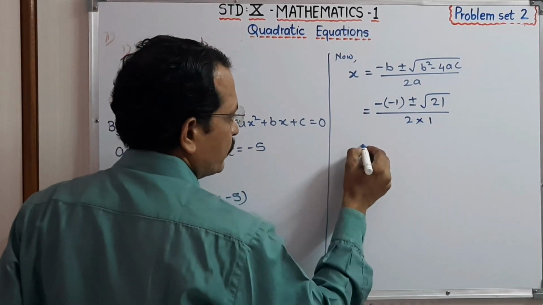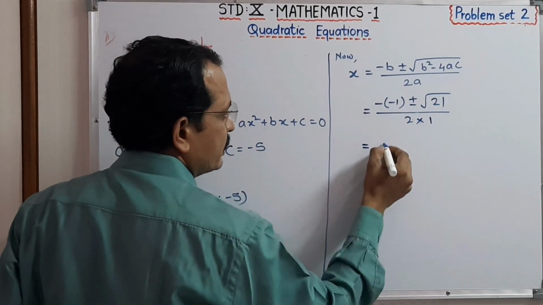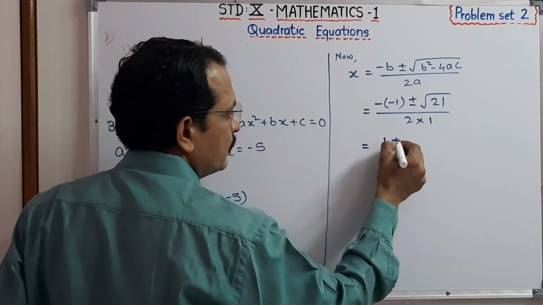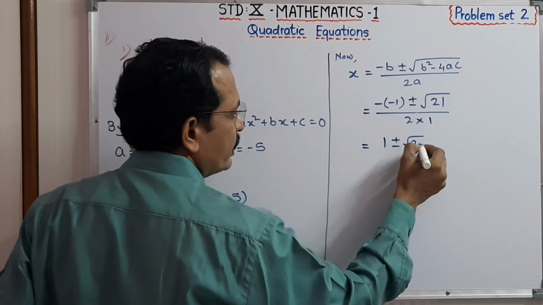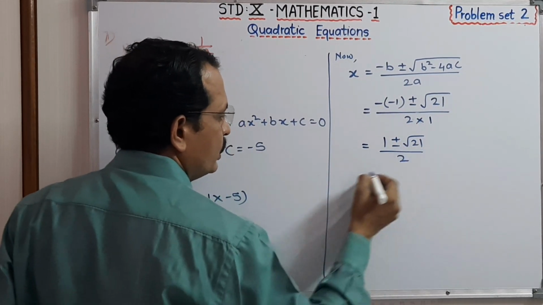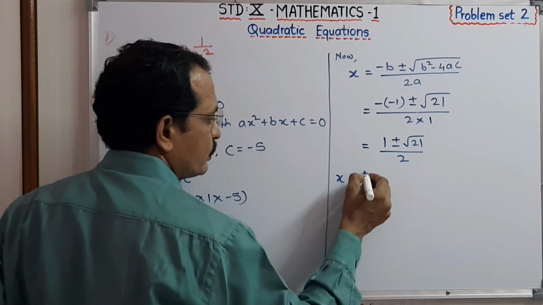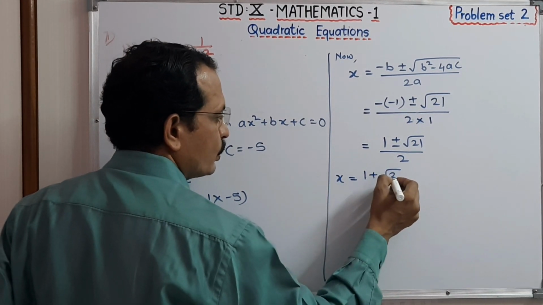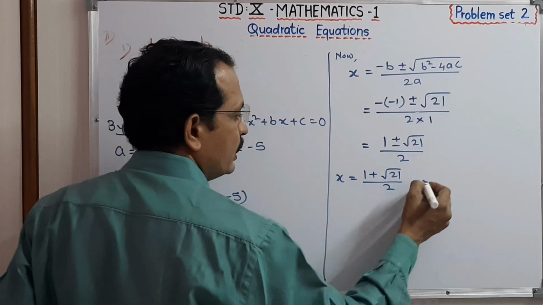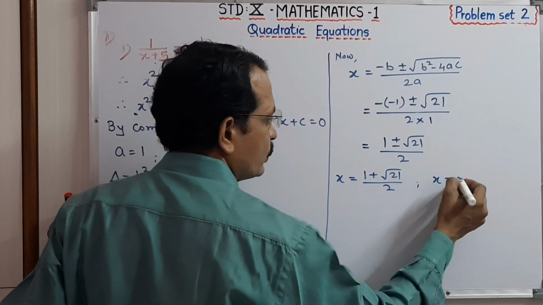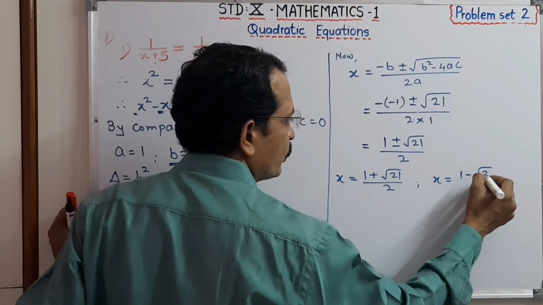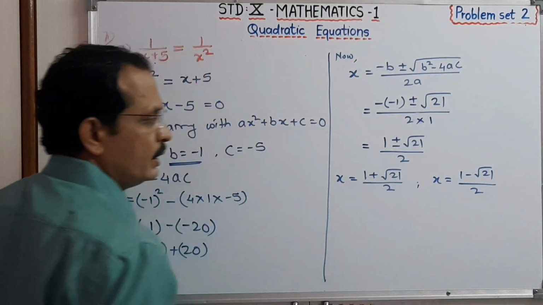Therefore we get here minus minus plus 1 plus minus under root 21 upon 2. Therefore we get here x is equal to 1 plus root 21 upon 2 and x is equal to 1 minus root 21 upon 2.